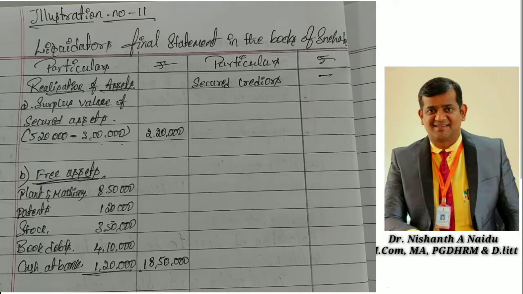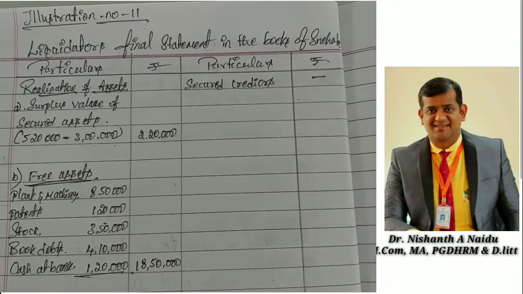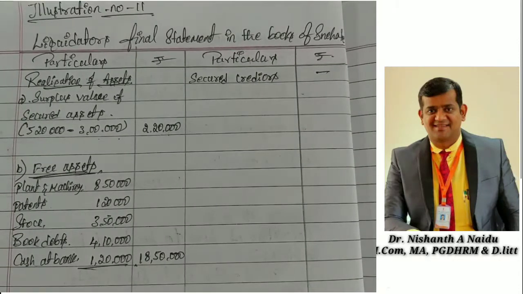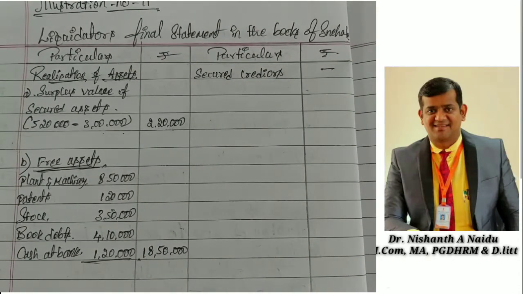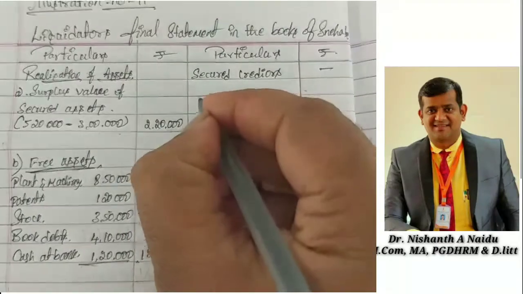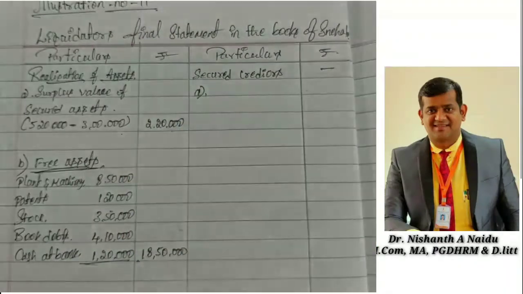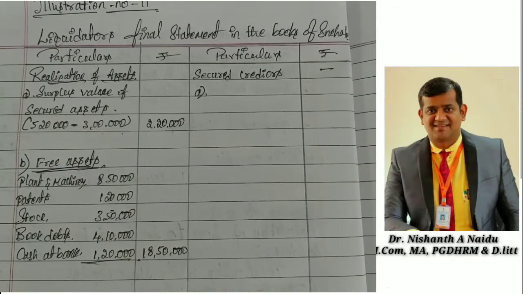Fine. So we are done with this part, the assets realization part, and now we are moving to the payment side. Which payments should we make? First, in the adjustments he says the legal expenses are rupees 40,150 and expenses of liquidation amounted to rupees 80,000.